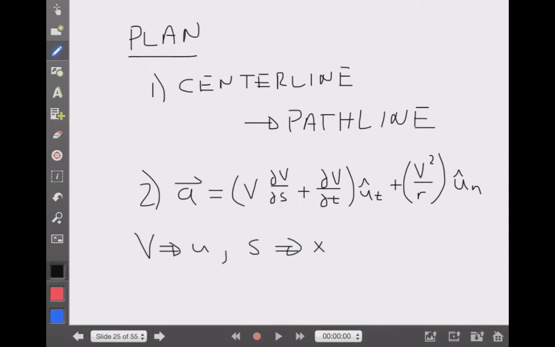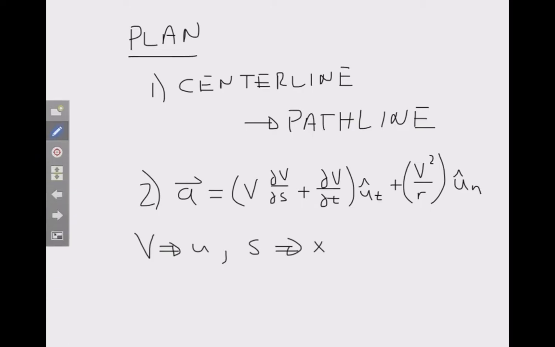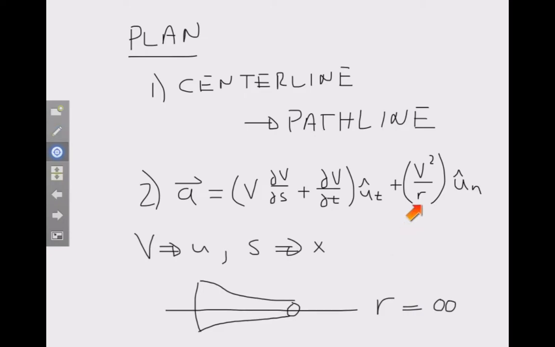And we also note that since we have a nozzle, if we were to draw a picture of the nozzle, here's a nozzle and here's the center line. We note that for this nozzle, there's no curvature. So R equals infinity, which is going to make the centripetal term 0.